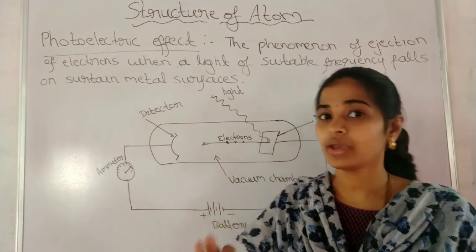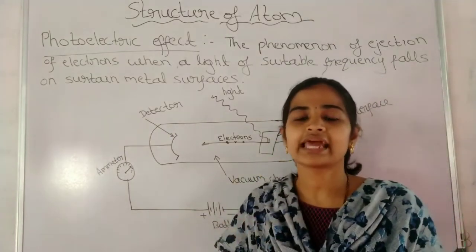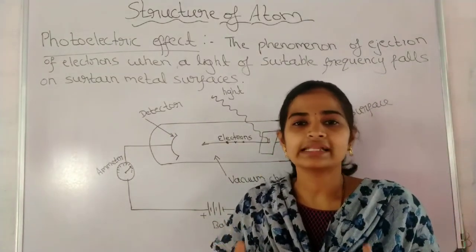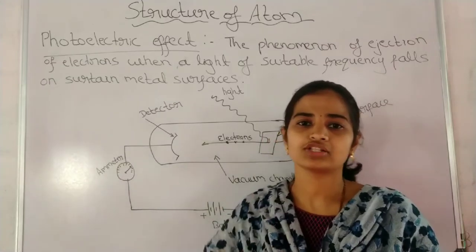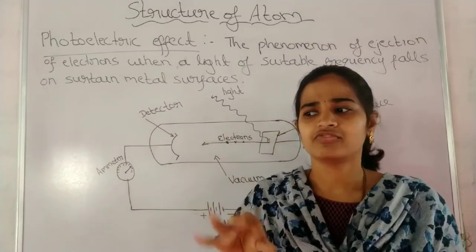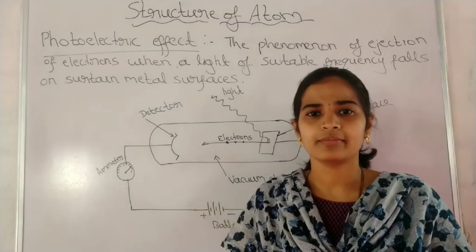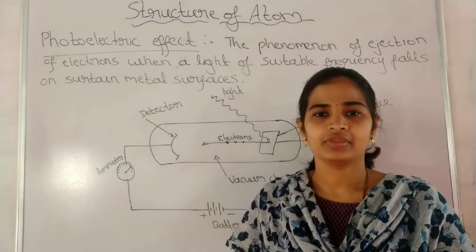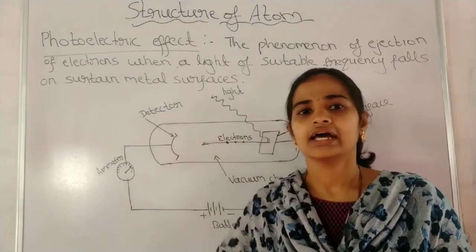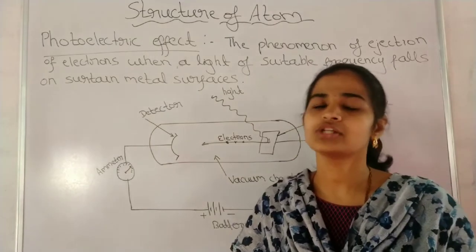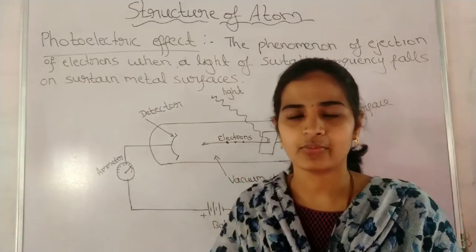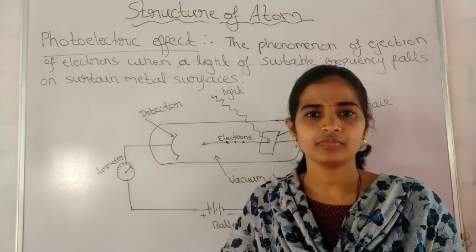Remember. And not all metals can eject electrons when light falls on them. Only some metals like cesium, sodium, magnesium can eject electrons when light of suitable frequency falls on them. Got it?